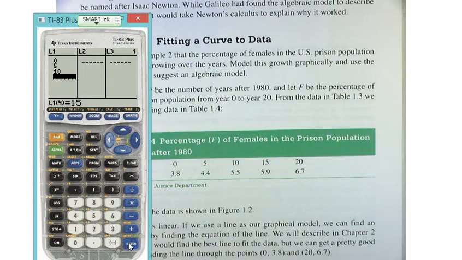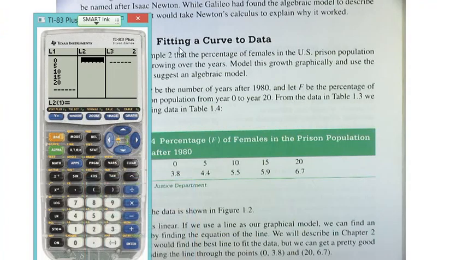15, and 20. Now, based on what I told you guys on the last problem, what is time? We have time versus percentage of female population. Is time independent or dependent? Independent. It's easier to think of what depends on what. So over time, the female population is increasing, right? Time is increasing naturally, right?